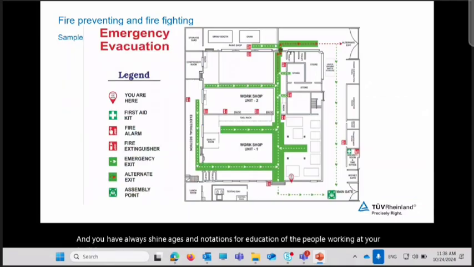You must have emergency evacuation plans posted at different locations. They will reflect where you are right now and how you can evacuate easily in case of emergency. So these are the legends helpful to easily evacuate from the facility to reach the safest point if there is a big project or a number of people working in the facility and a number of buildings involved.